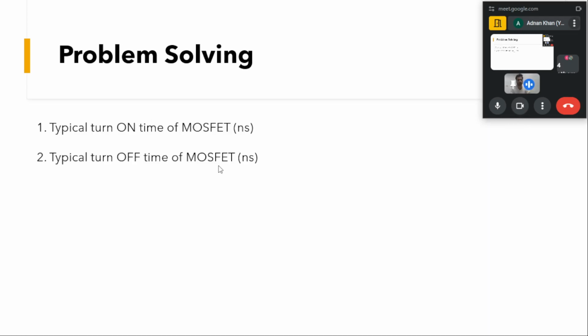So the first question being asked is to calculate the typical turn on time and turn off time of the MOSFET.